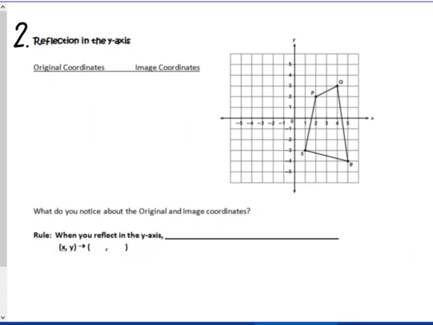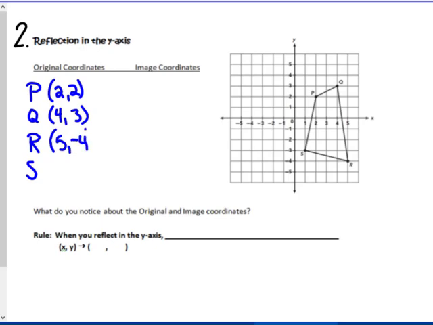Reflection in the y-axis. So we've got a quadrilateral here, P, Q, R, S, and P is 2, 2, Q is 4, 3, R is 5, -4, S is 1, -3. And we're going to reflect it over the y-axis.